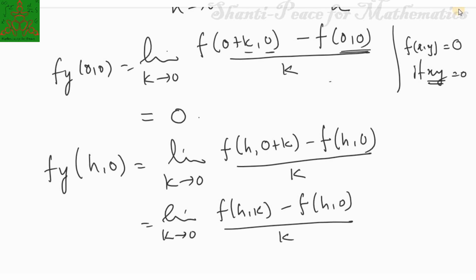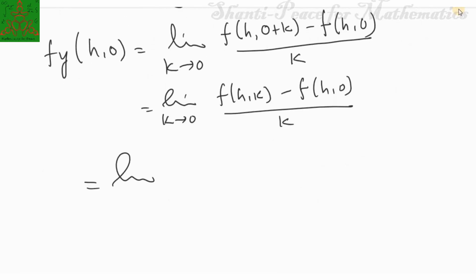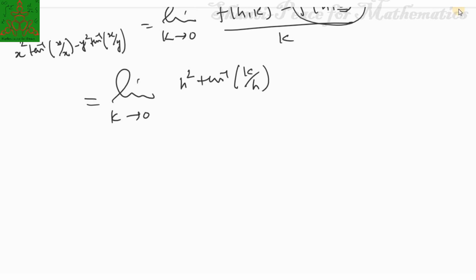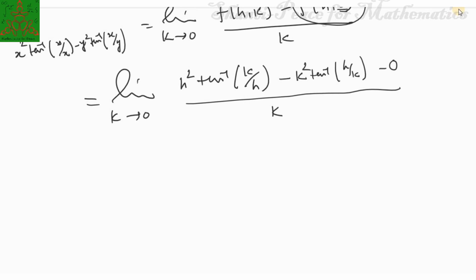Now using the definition of the function, x square tan inverse of y by x minus y square tan inverse of x by y, we have h square tan inverse of k by h minus k square tan inverse of h by k minus 0, because f(h, 0) is 0, upon k.